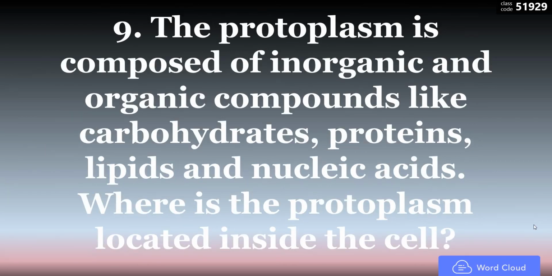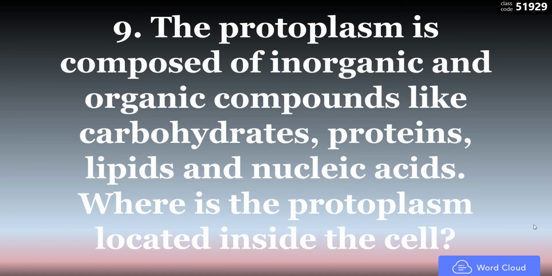Number 9 question. The protoplasm is composed of inorganic and organic compounds like carbohydrates, proteins, lipids, and nucleic acids. Where is the protoplasm located inside the cell? Go. Time is up.